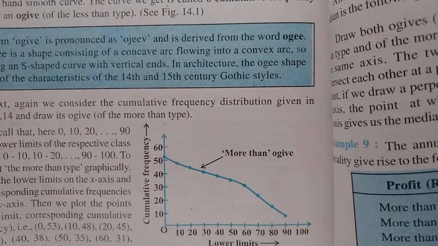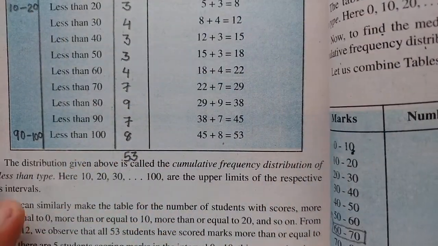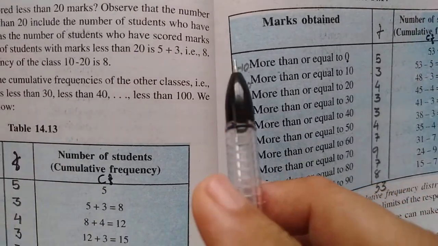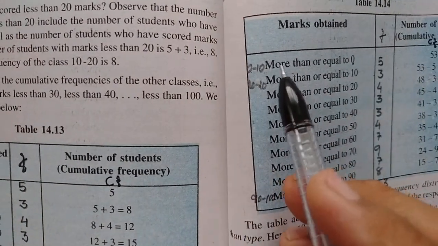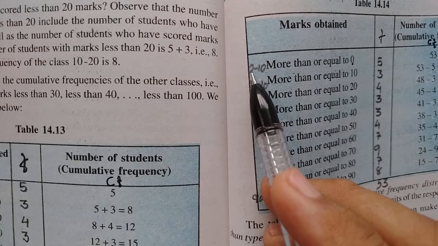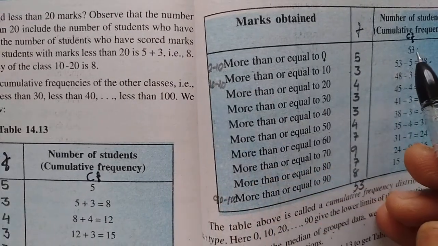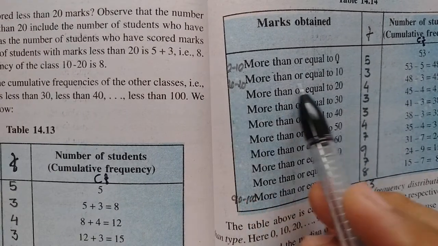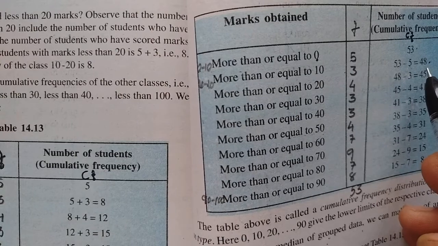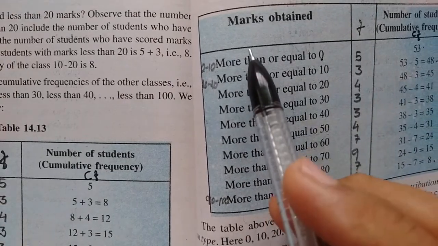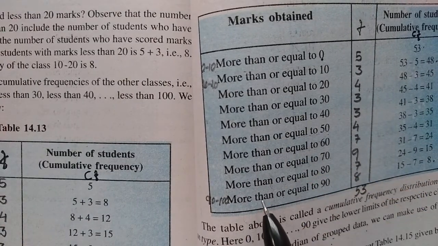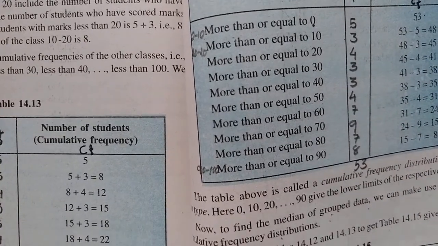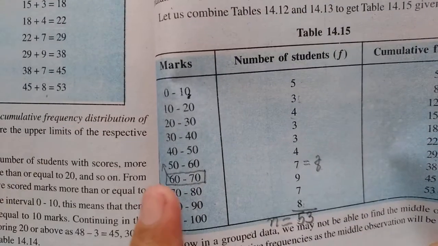So come to page number 281, children. This is the more than type. This is the class, children. So more than 0, corresponding number is 53. Similarly, next is 10, it is 48. So these all are x-axis, these all cumulative frequency y-axis. So the table is this, children.